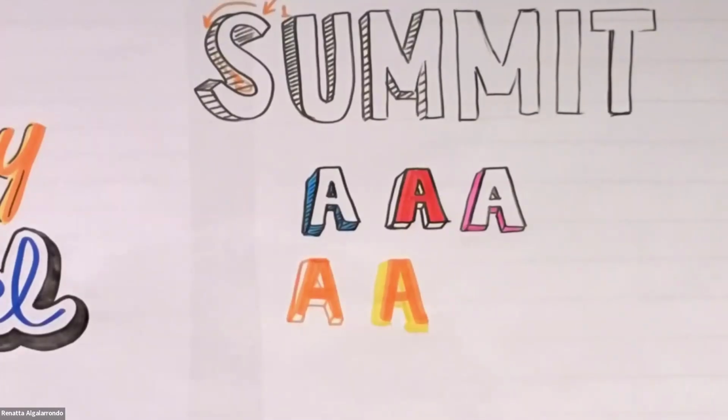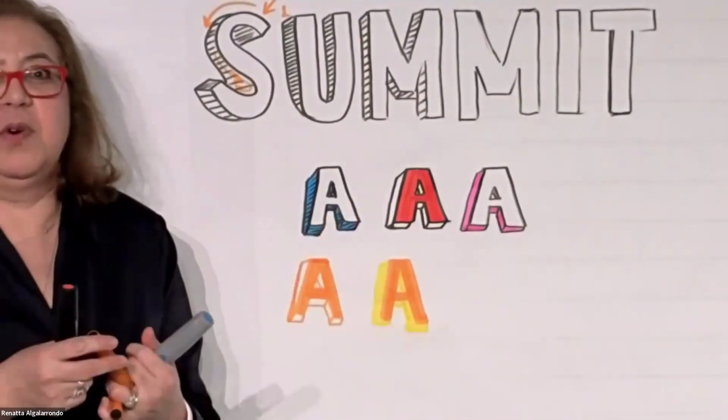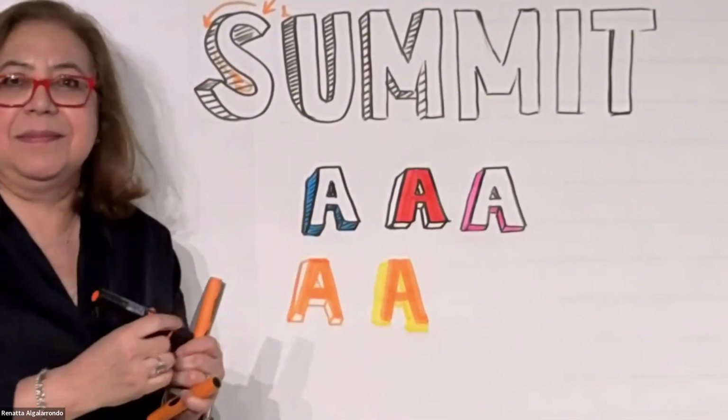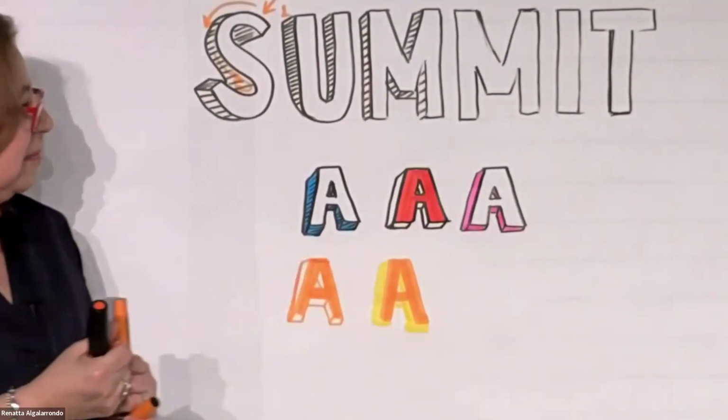And I know you got the idea, right? So we can do whatever we want. We can play with all sorts of marks and dots, whatever you want to put on your letter.